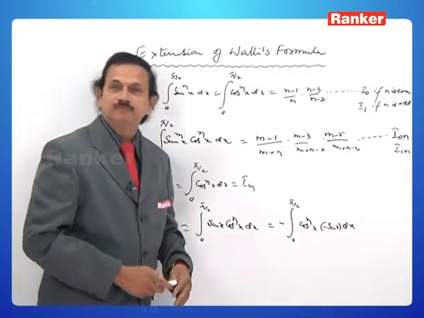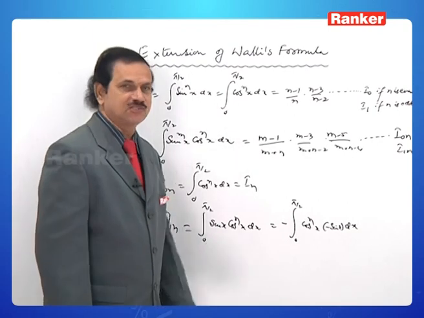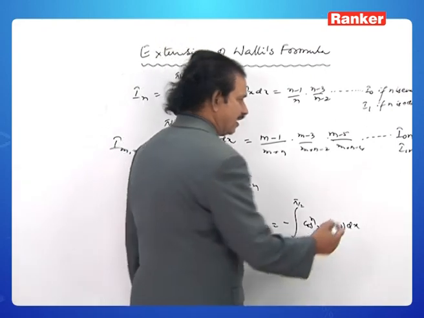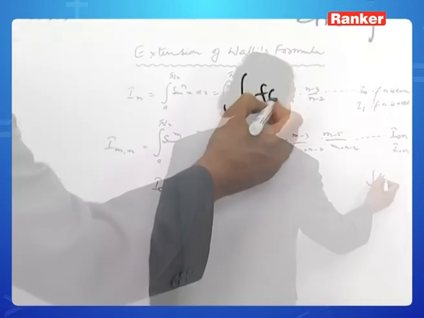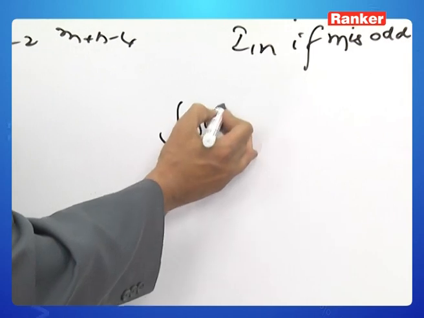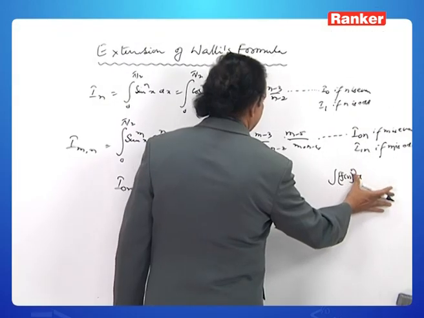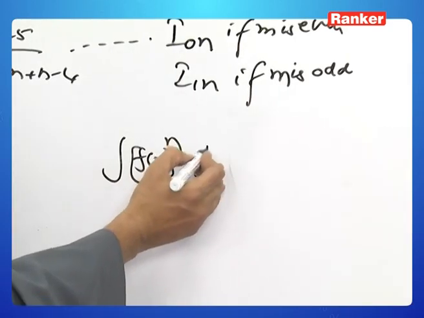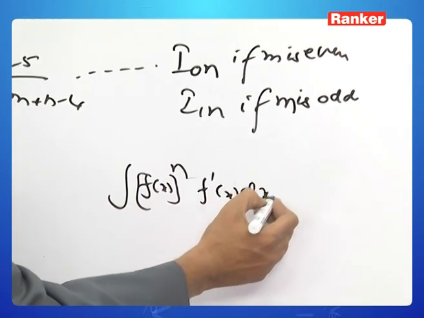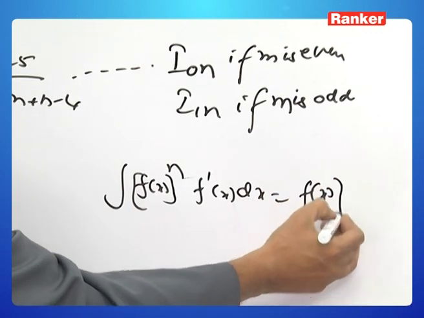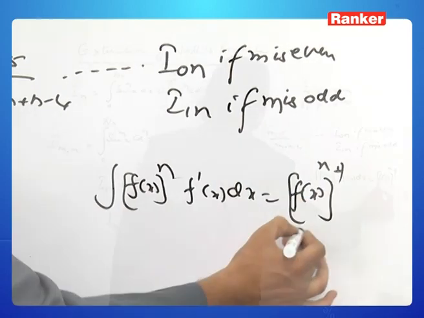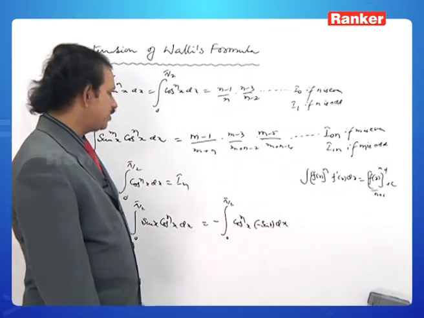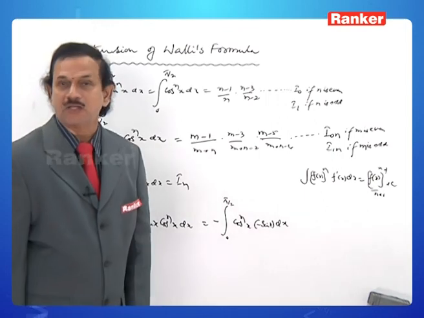Well, my dear, in the beginning, in the earlier classes of indefinite integration, we could have learned a formula. What is that formula? Integral of f of x whole to the power of n into f dash x dx is equal to f of x whole to the power of n plus 1 by n plus 1. Am I correct? Here, what do you observe in the place of f of x? Cos x.